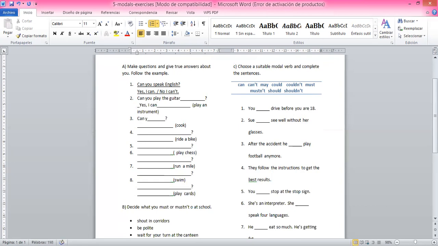Can you, even in the question, you can use the same verb cook and an object or something that you can eat. Can you cook rice? Rice, for example, right?